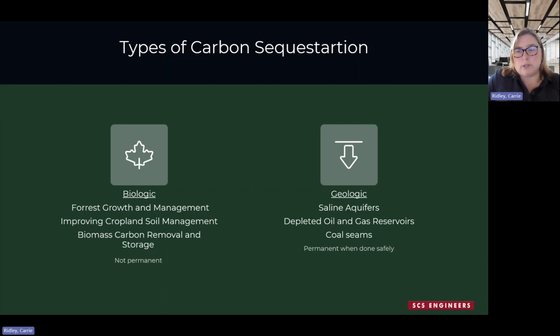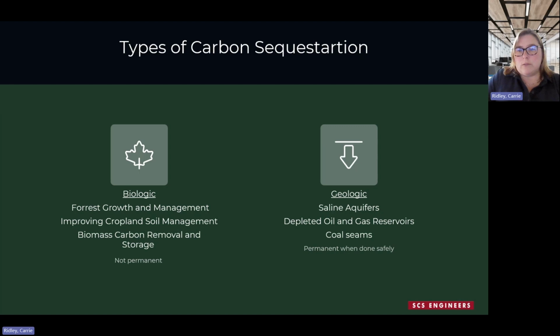So geologic storage, that's the process of capturing CO2, compressing the CO2 emissions, or capturing and compressing direct air capture, often called DAC, and pumping that captured and compressed CO2 into the ground as a supercritical fluid. It goes into the ground using wells that are directed into a subsurface reservoir.